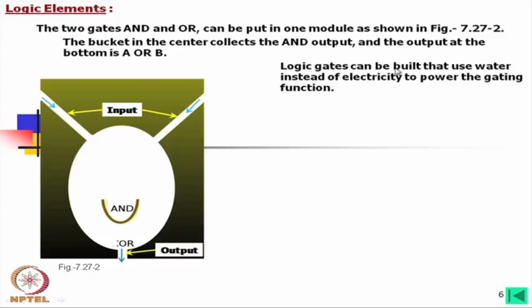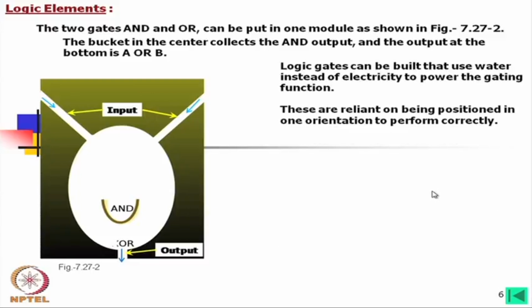In case of electrical devices, the power is directly taken from the electrical source. That means whatever is being used for the control can be magnified, can be amplified, and can be used for the power. In this case also we can magnify those, but we have to use the source as water or other fluid, say air.